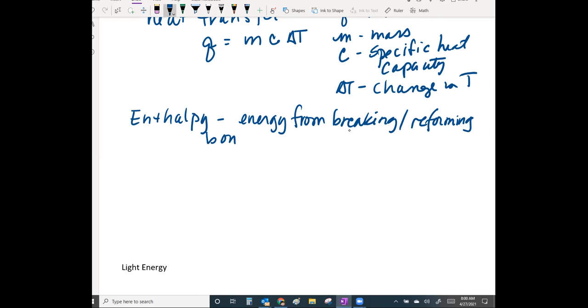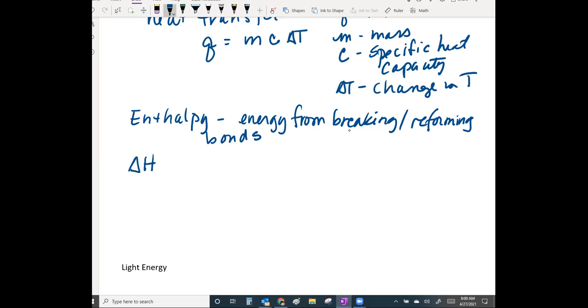And we just call it heat. We can use them interchangeably. They are different, but for our purposes, we can use them interchangeably. And that is what we use for change in entropy. We can't measure enthalpy. We can only measure change in enthalpy. So delta means change, H means enthalpy.